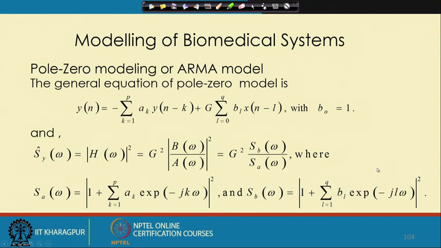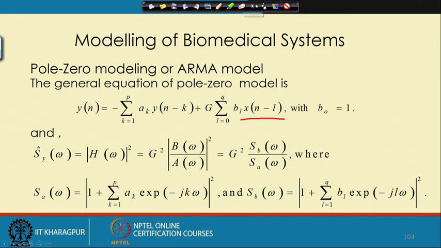It can be given as the square of the transfer function H omega, because our input x n, we have said, is either white or an impulse.